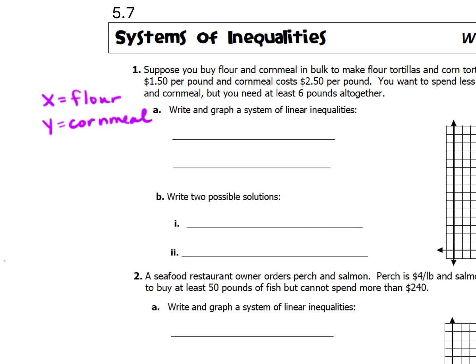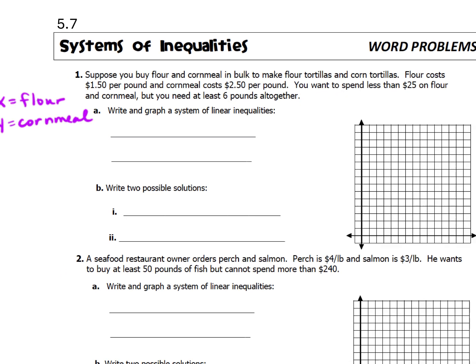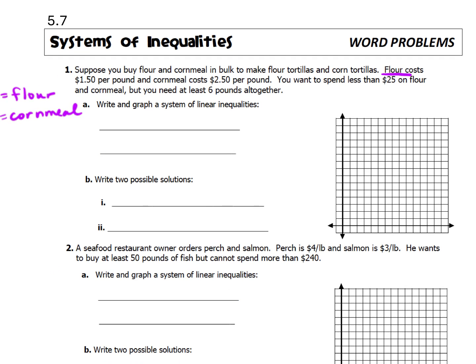Okay, now it says flour costs $1.50 per pound. Cornmeal costs $2.50 per pound. And you want to spend less than $25 and you need at least 6 pounds. Okay, now this is a system. There's two inequalities happening here.